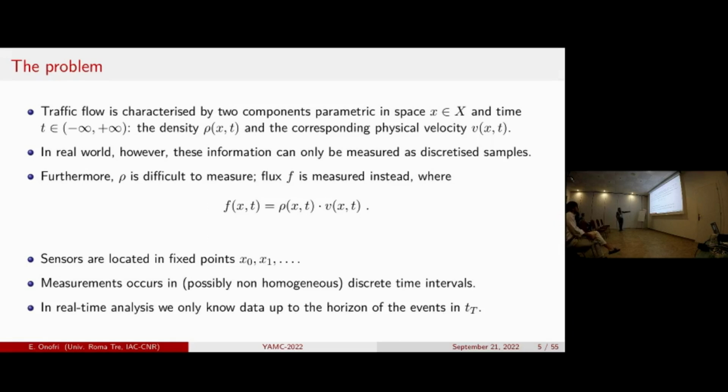In real-time analysis, we only know up to the horizon of the events, and not what will come, otherwise we would not be here. This is a very crucial problem when it comes to making actual simulations, because you would like to forecast what happens next.